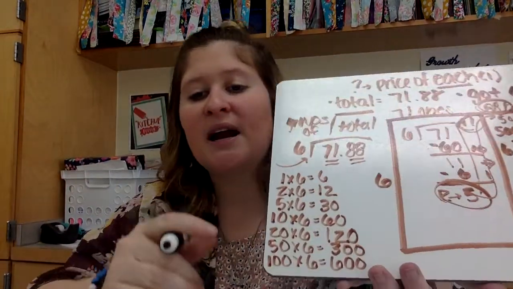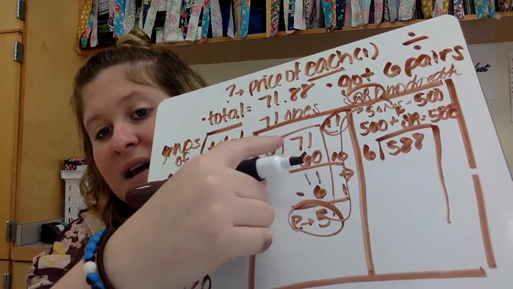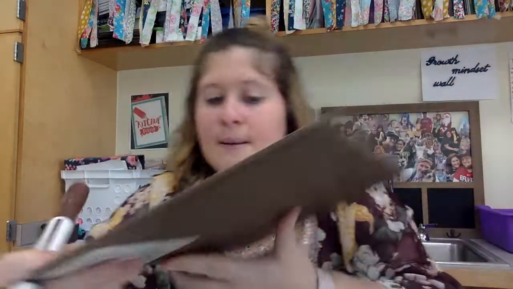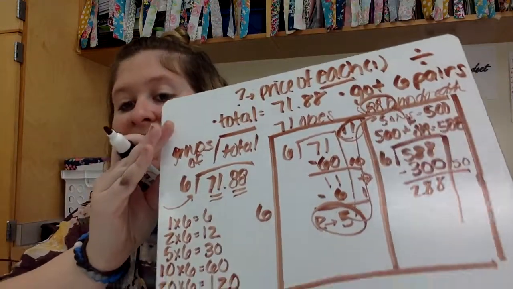Still not big enough. 100 times 6 is 600. 600's too big. So now that I know 600's too big, I'm going to start with 300 and I'm subtracting it from the 588. So if I do subtracting 300, I'm going to write 50 off to the side. That leaves me with 288 left.